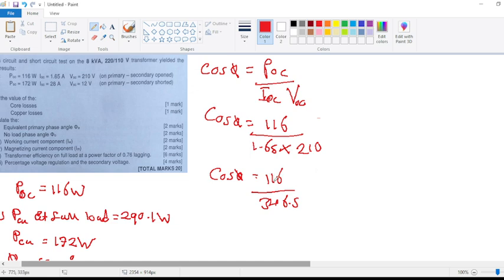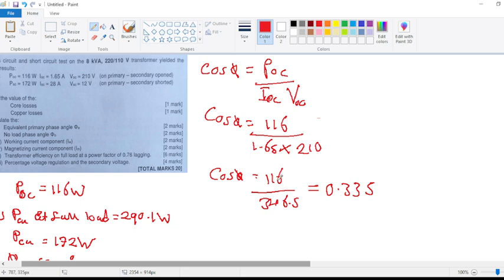If you divide 116 by 346.5, you are going to have 0.335. So 0.335 is the answer that we have after dividing this.